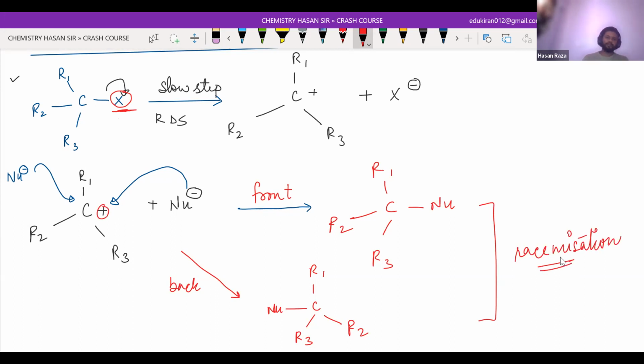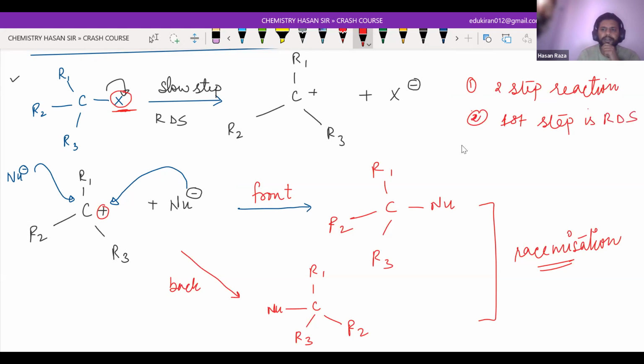Please do write it down, or if you are done with this, just let me know. The reaction is two-step. The first step is the RDS, rate determining step.